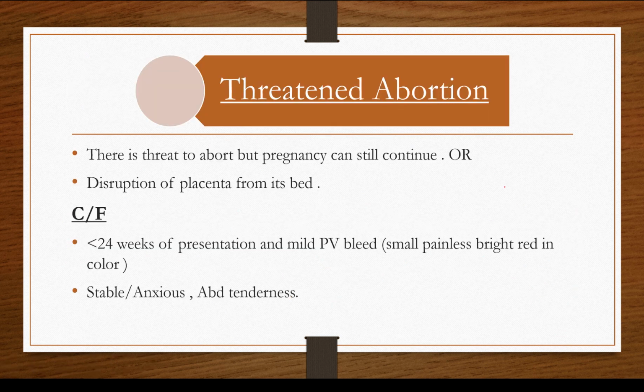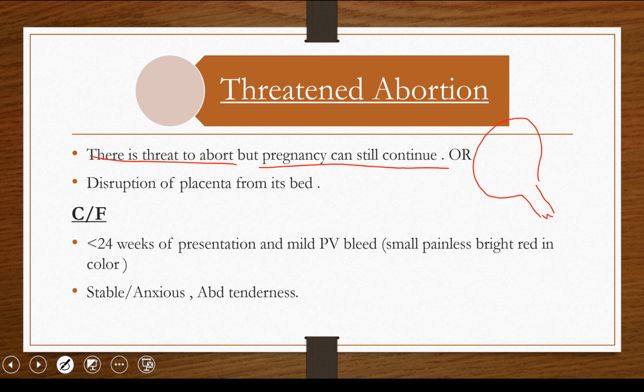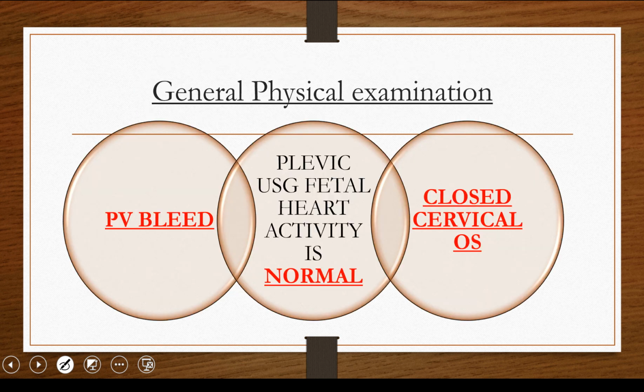Let's study in detail. In threatened abortion, there is a threat to abort, but the pregnancy can still continue. Why? Because here the cervical os is closed and the cervix is not dilated. Just the placenta gets slightly disrupted from its position. General physical examinations. This slide is very important. This slide helps you diagnose the case of abortion. She will be complaining of pervaginal bleed.